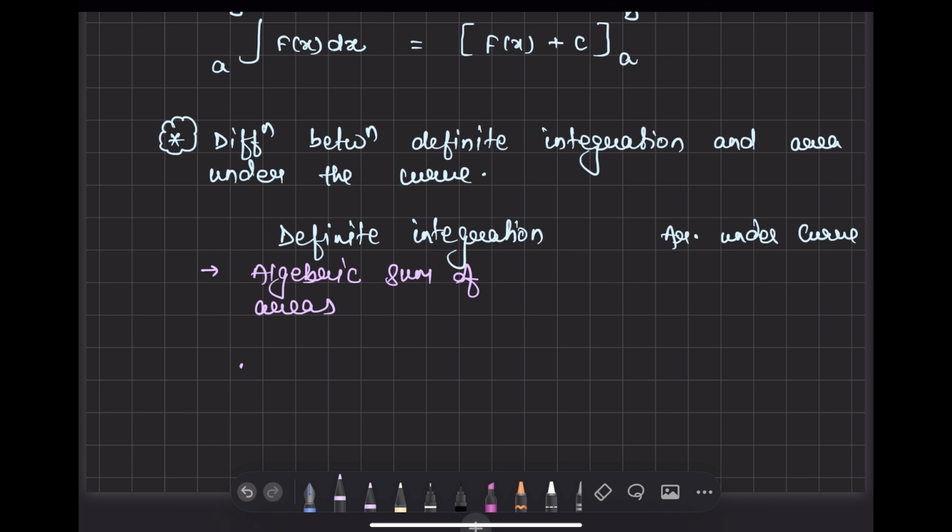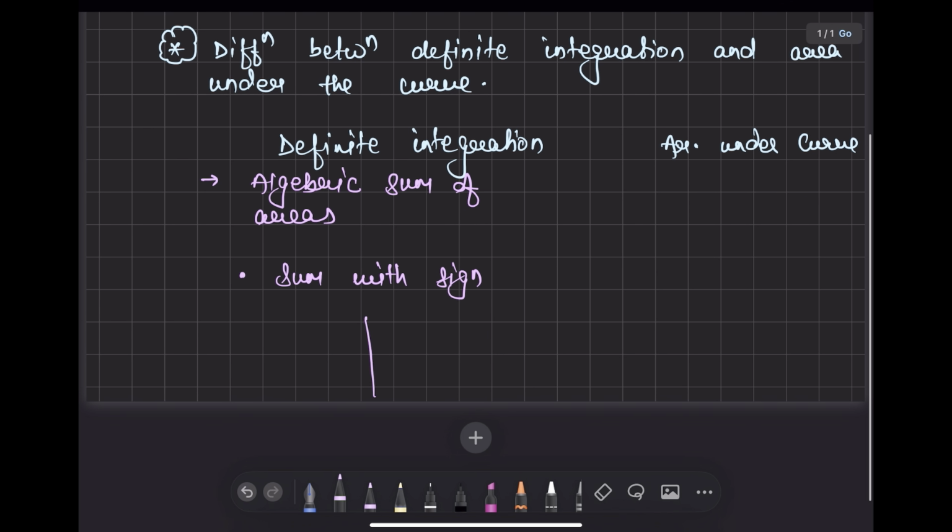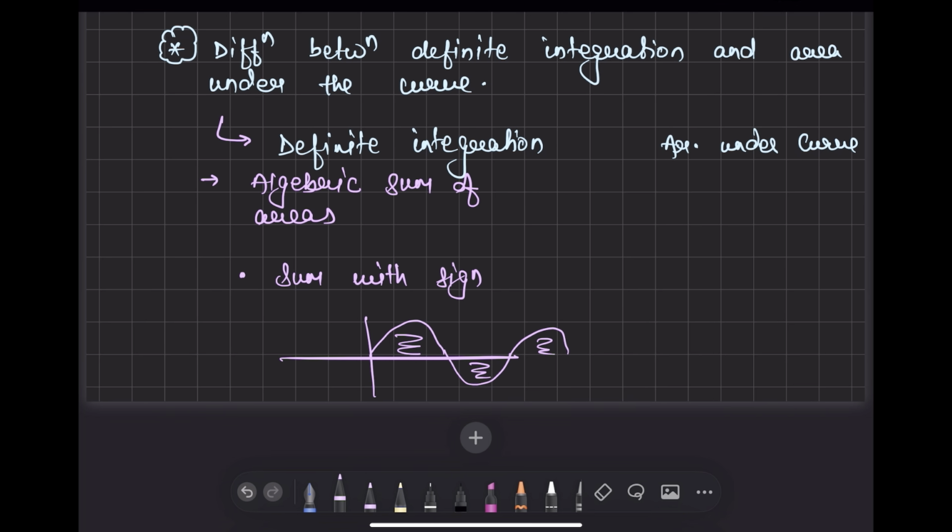So you will be adding all of them with the signs. Okay, so what you have to do is sum with sign. Suppose that you solve this area, this area and this area, plus this area, plus this area. In definite integration, this area will be positive, this area will be negative, this area will be positive.